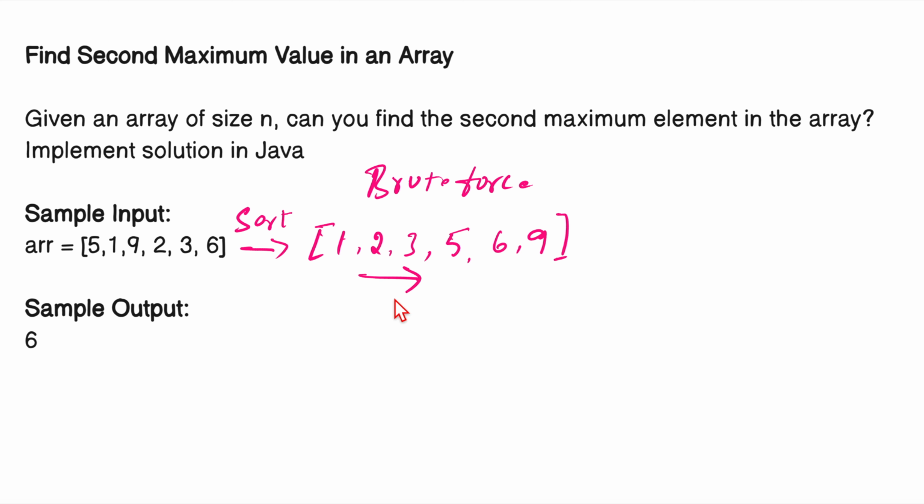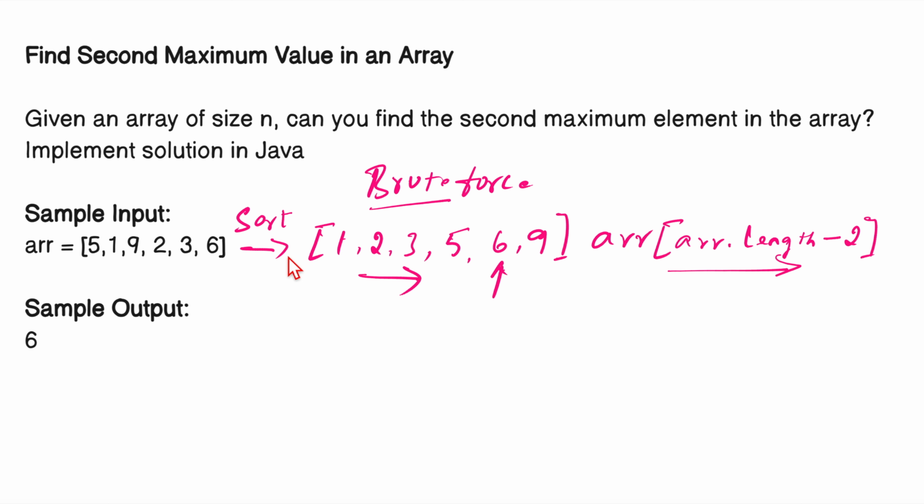And then we need to return the second last element, which is 6. We can do this by array[array.length - 2]. This is a very simple brute force solution.